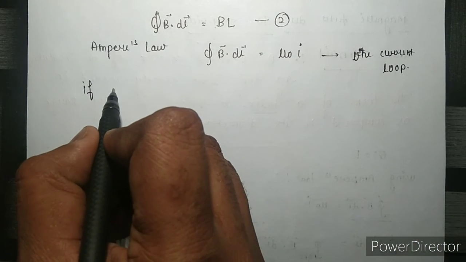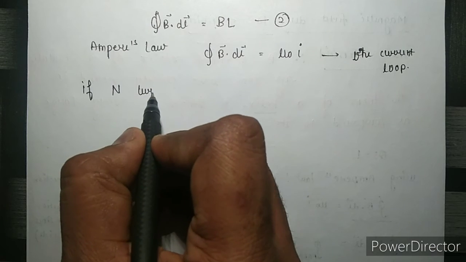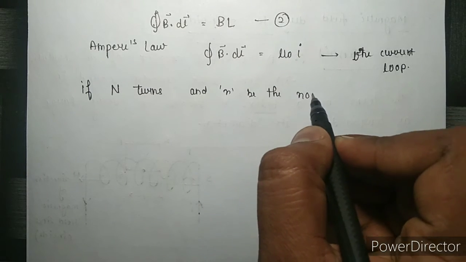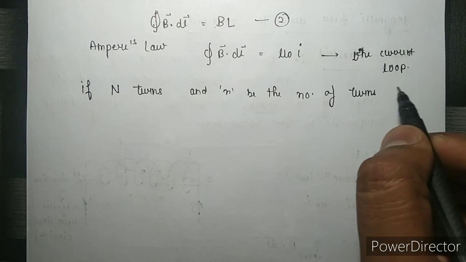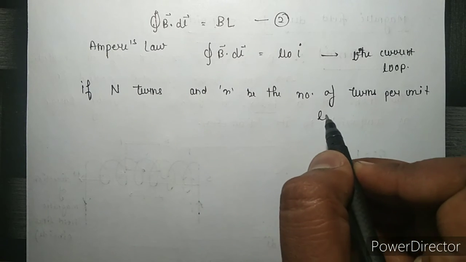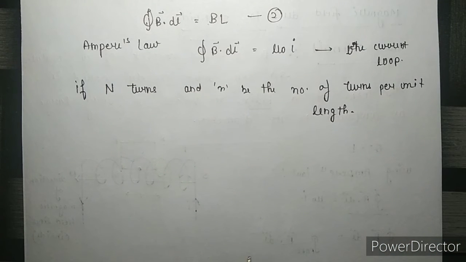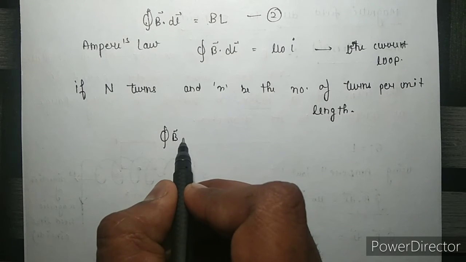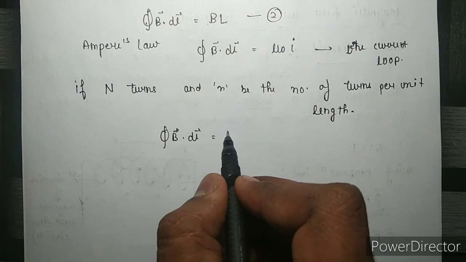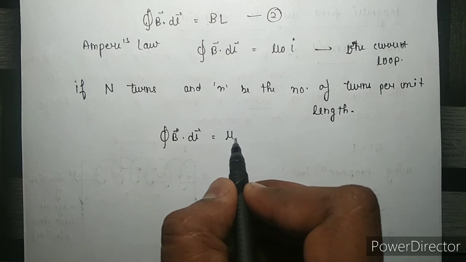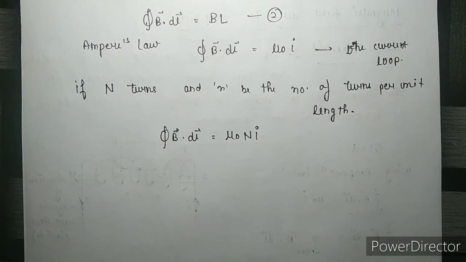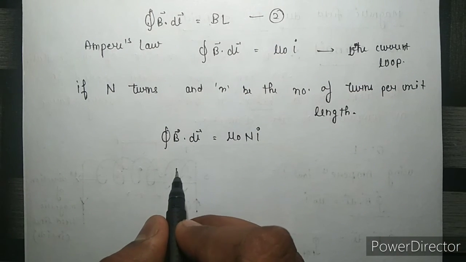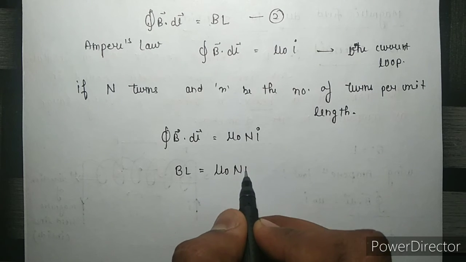If there are capital N turns, and small n is the number of turns per unit length, then it becomes mu naught n I. From equation 2, we can write BL equals mu naught n I.